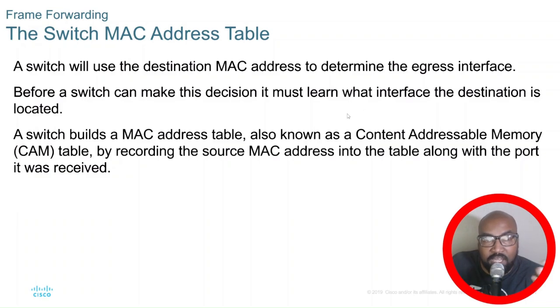It's got to have the MAC address table, right? A switch builds a MAC address table, also known as a content addressable memory, by recording the source MAC address into the table along with the port it was received on. So when that data comes in, it knows where it came from. If you remember earlier, I showed you that piece of mail. It had the destination address and it had the source. It knows where it came from.